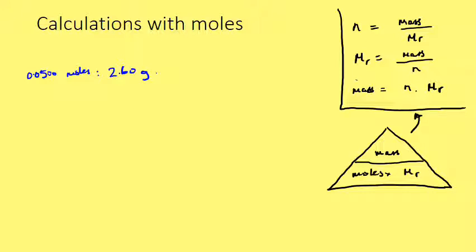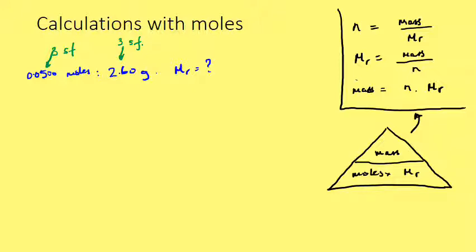And what you want to know is its relative molecular mass. So that's the question. And notice that we've got 3 significant figures here, and also 3 significant figures here. So let's make our answer to 3 significant figures as well.